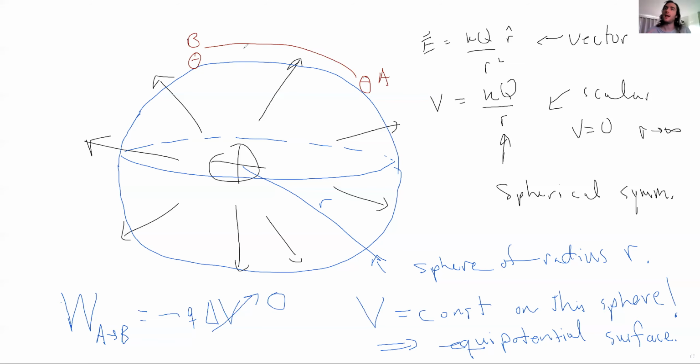That charge will naturally move around freely on that equipotential surface. If that charge had some velocity, it would just move around on that surface with no work being done. Okay, so that's what an equipotential surface is.